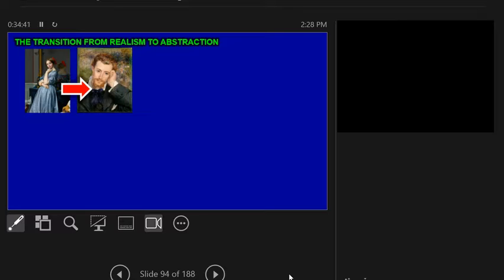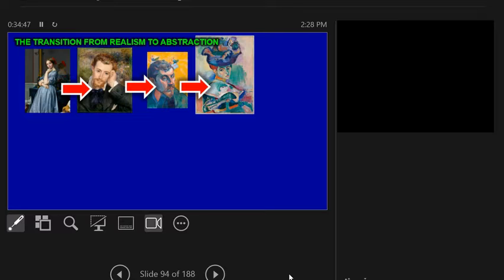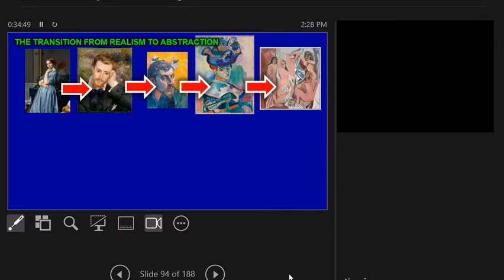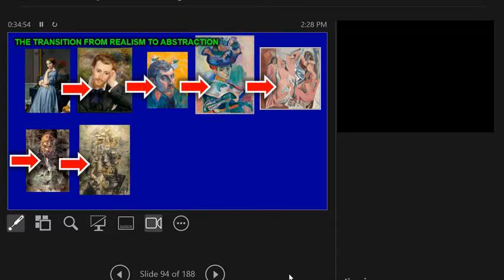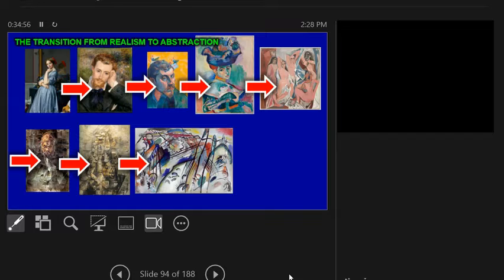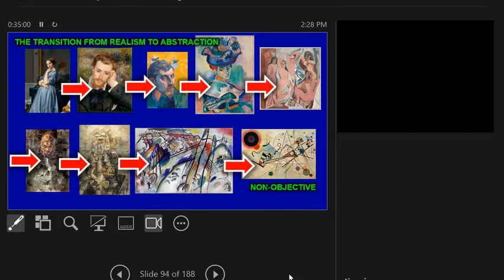And Impressionism turns into Post Impressionism. And that turned into Fauvism. All right, we're going to get into Cubism soon. And this is all Cubism here. But now we're getting into this non-objective. It's all in a linear progression from realistic to non-objective.